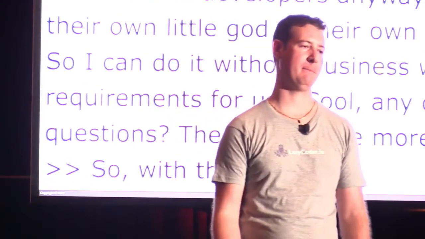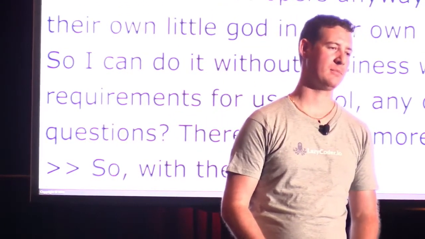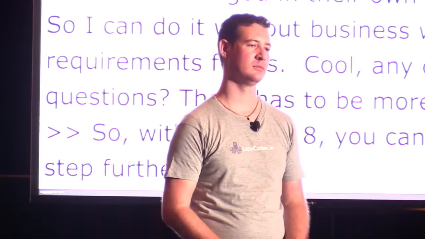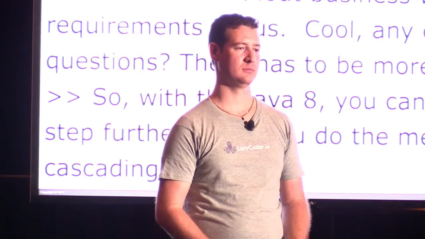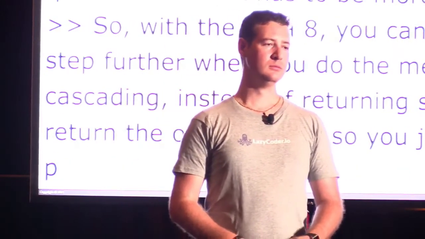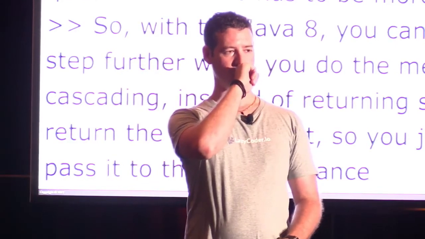With the Java 8 generics, you can actually take it one step further. A lot of the time when you want to do method cascading, instead of returning self, you can actually return the other object, like what you want to do. So you just have to pass it with the class instance creation with the generics. You can actually pass multiple instances there.